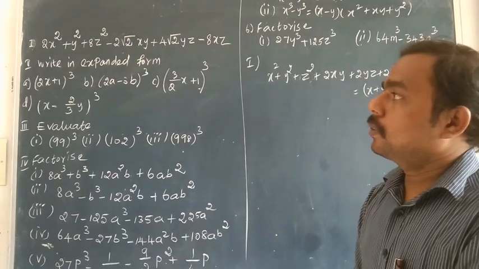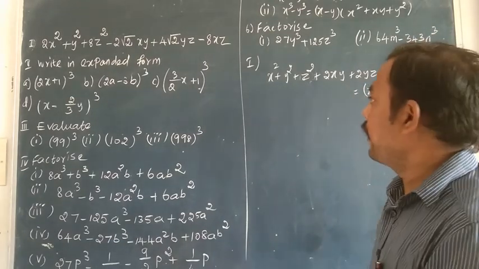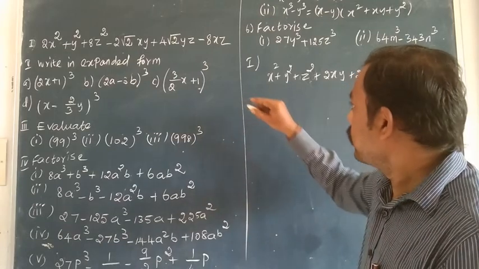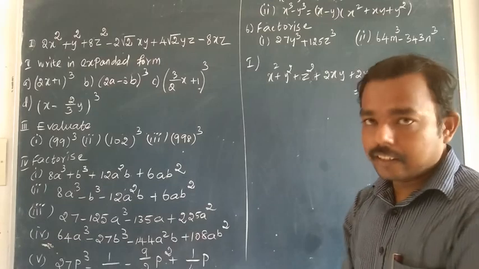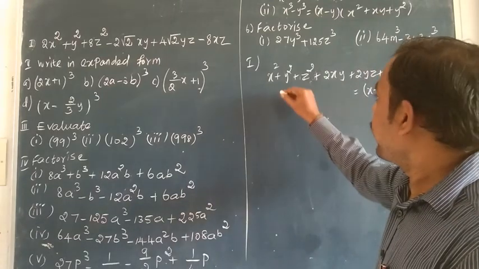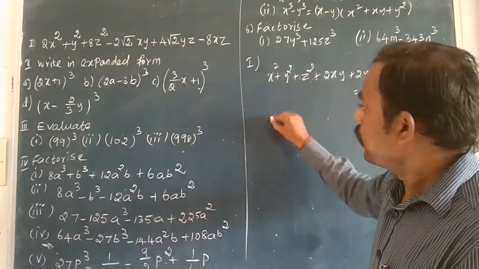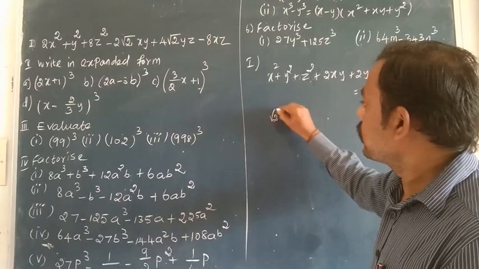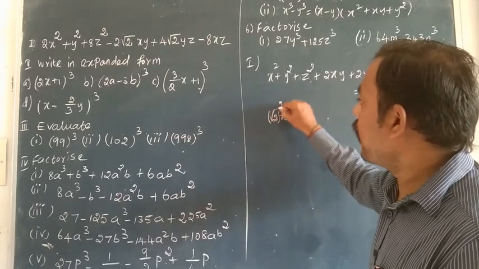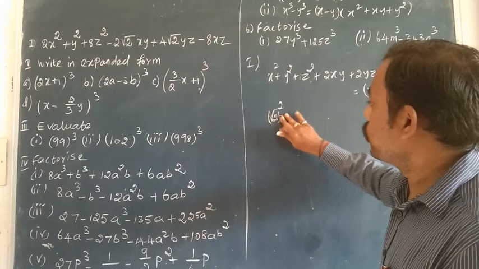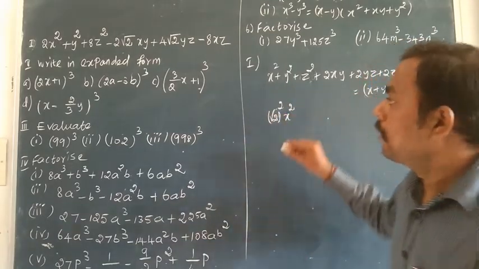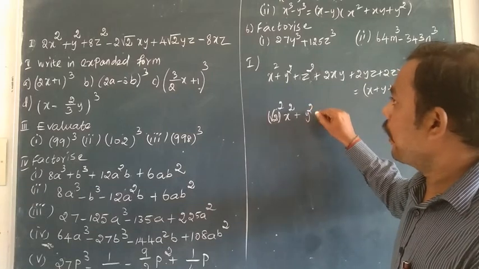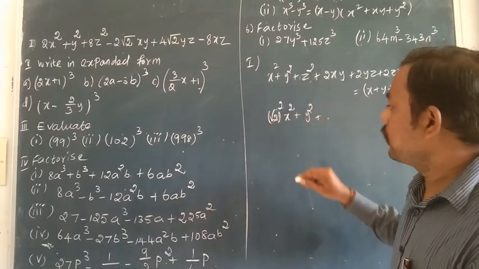Now how to write the 2 in the form of the whole square? I am going to write what is for the x value, what is for the y value, what is for the z value. For that I can write this one as root 2 into x, because root 2 the whole square is 2. So root 2 into x the whole square plus y square plus 8.